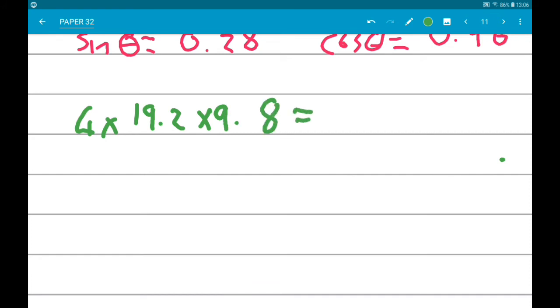Now we know that that moment must be equal to the one at C, which is 5n. Now, from that we get n is 150.5 newtons.